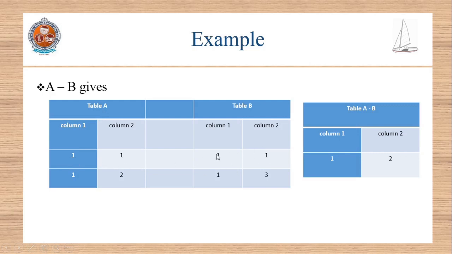Means it is present in table B also. But the output must have only the tuples that are present in A. So only one tuple is there with the values 1 and 2 in column 1 and column 2 respectively, which is present only in table A but not in table B. So that is shown in the output here. So the output of A minus B operation is going to have only one tuple, that is the second tuple from table A.